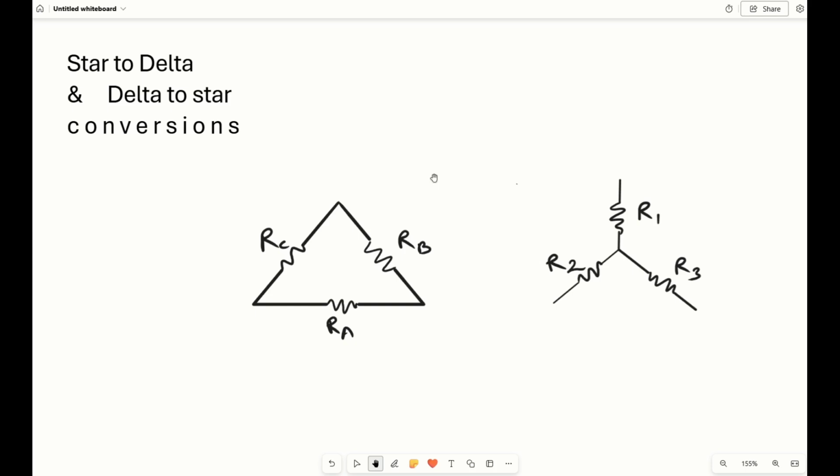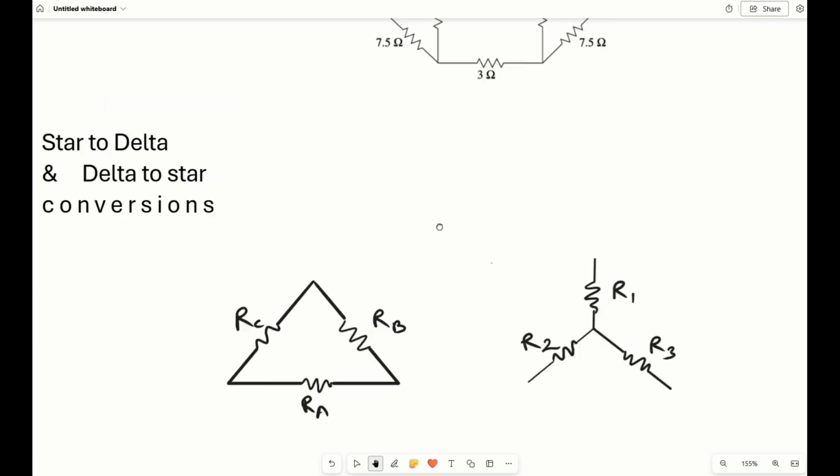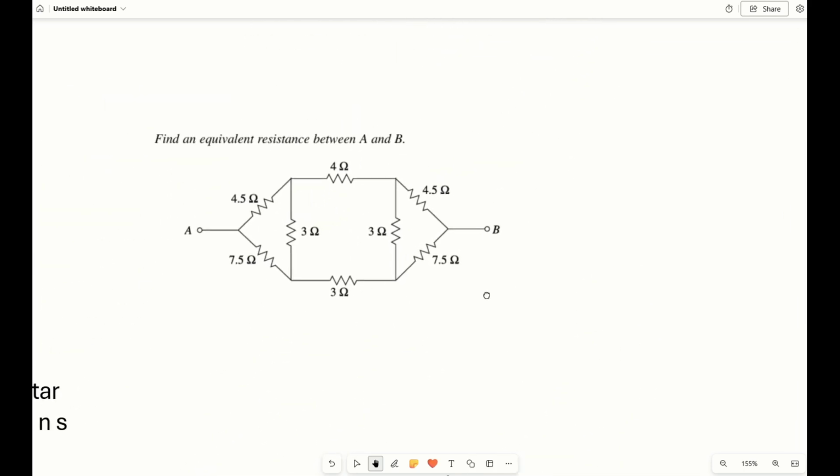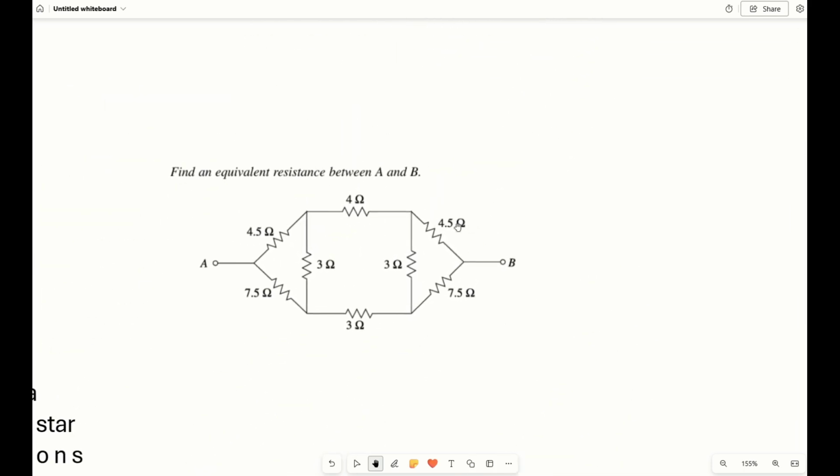So today we are here to discuss a topic known as star to delta and delta to star conversion, which is very essential for determining equivalent resistance. For example, suppose you want to determine the equivalent resistance between the terminals A and B in this circuit.